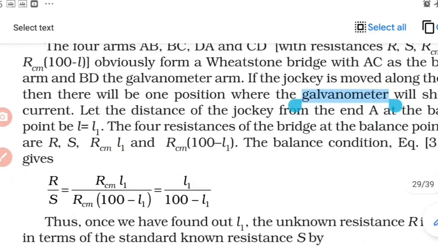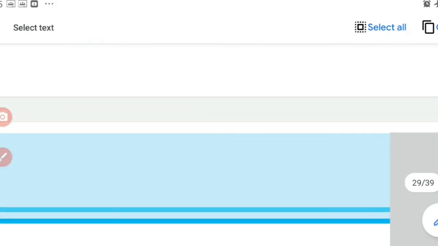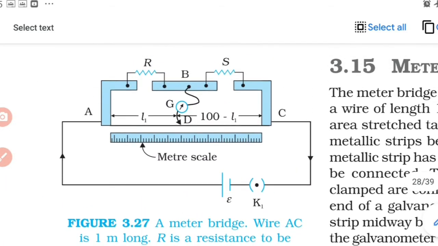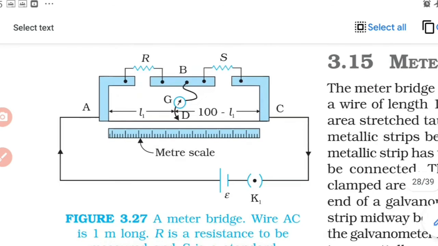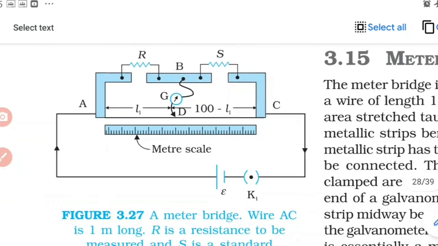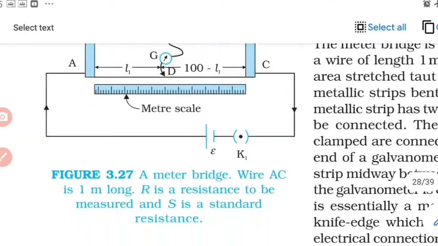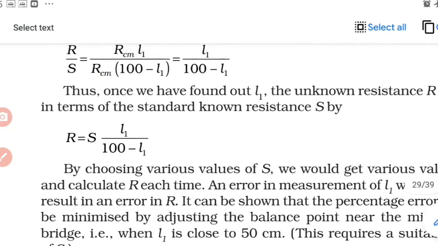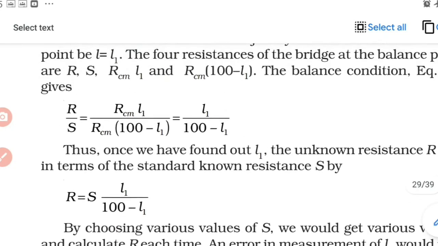Now, when will we say that the meter bridge is balanced? The meter bridge is balanced when no current flows through the galvanometer. That means when R by S is equal to RCM L1 by RCM into 100 minus L1. We took the balancing condition in Wheatstone's bridge, R1 by R2 equal to R3 by R4.